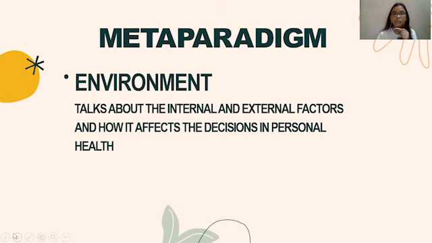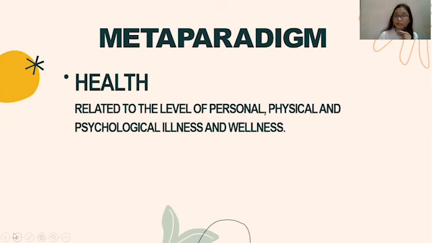Environment talks the internal and external factors and how it affects the decision in personal health. So dito, matatakal yung outer environment or external factors such as yung nutrition and vegetarianism. Next is health.